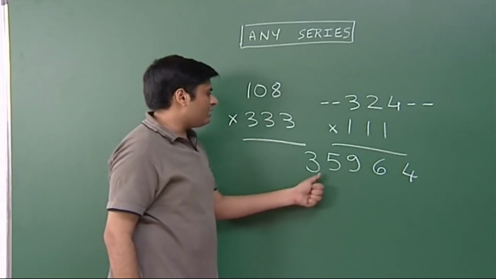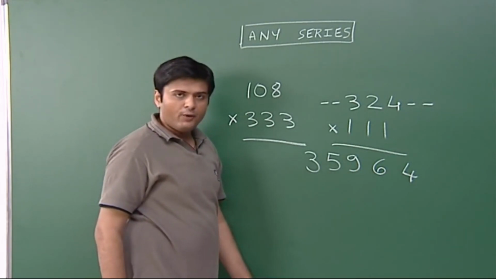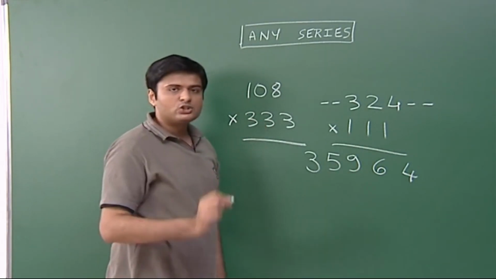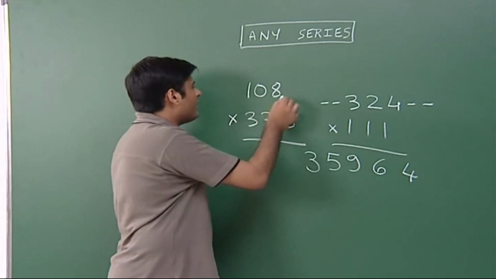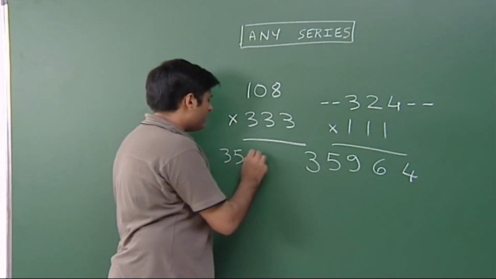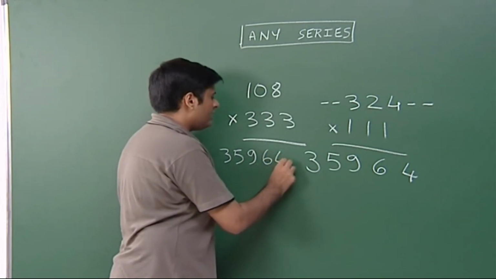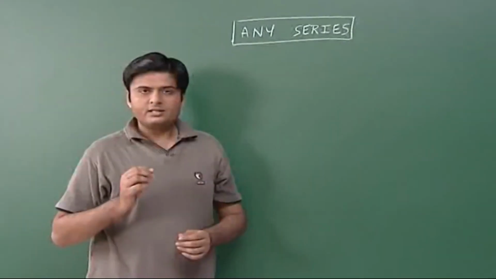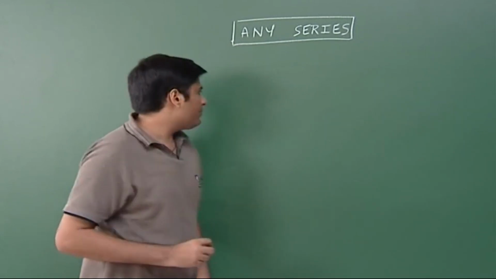My answer is 35,964, which I can apply to this question also. 108 times 333 would be 35,964.